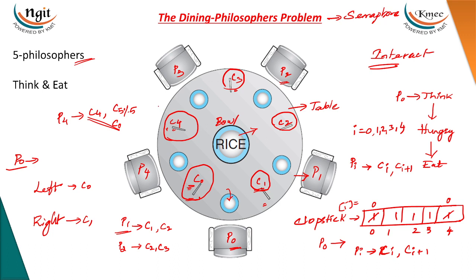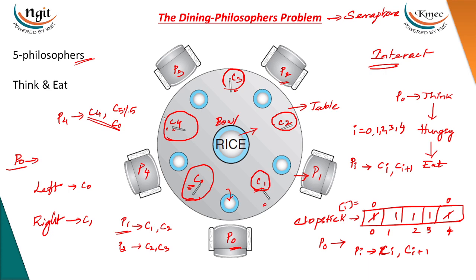The problem here is that all the philosophers, because they don't interact with each other, pick their left chopstick with the left hand, and the right chopstick has been taken by the next philosopher. So all of them hold one chopstick in one hand and there is no right chopstick available.